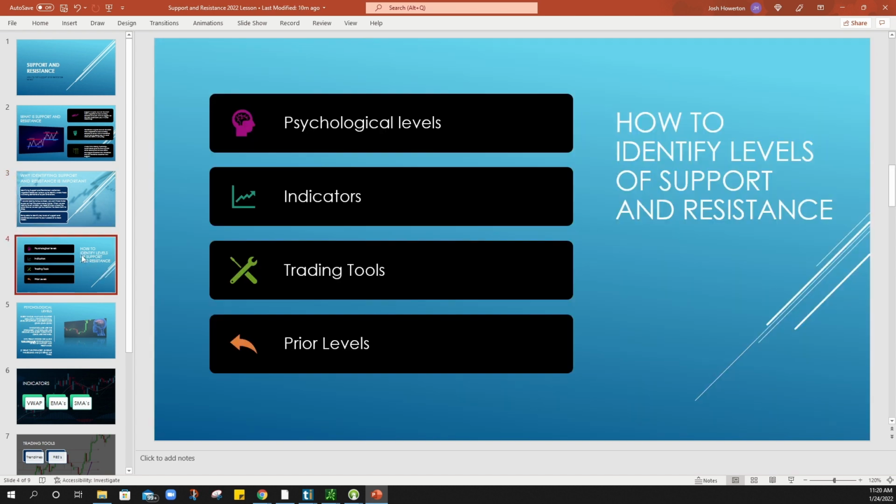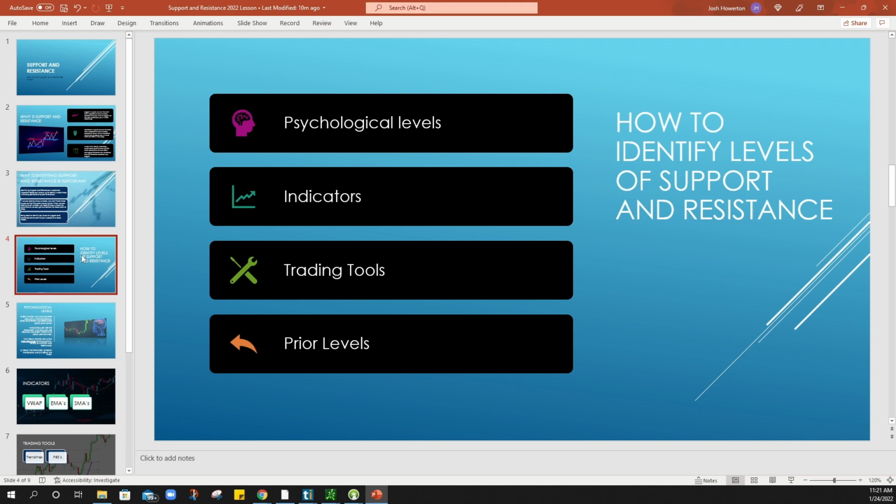So how do we identify levels of support and resistance on a chart? Well, there's multiple ways. We have what we call psychological levels of support and resistance. We can utilize indicators, right? There's many indicators that we use as traders, and these indicators can be used as levels of support and resistance. There are trading tools that we use. Remember, tools are different than indicators.